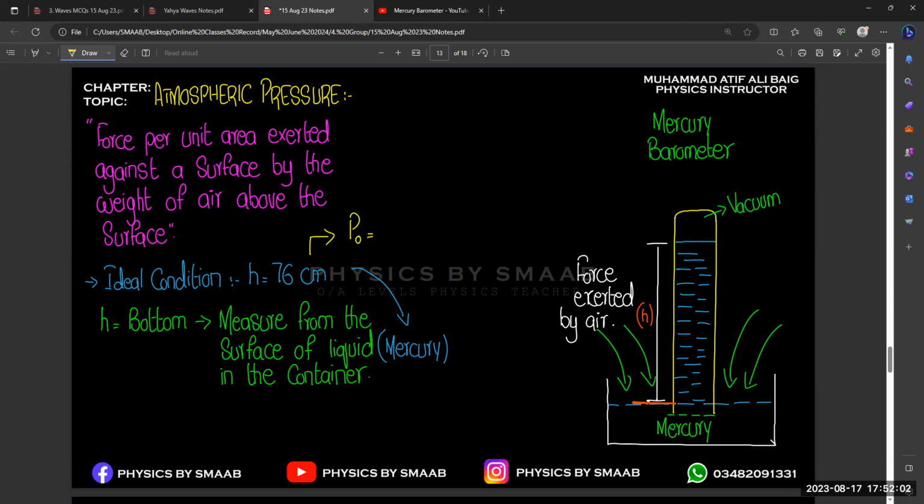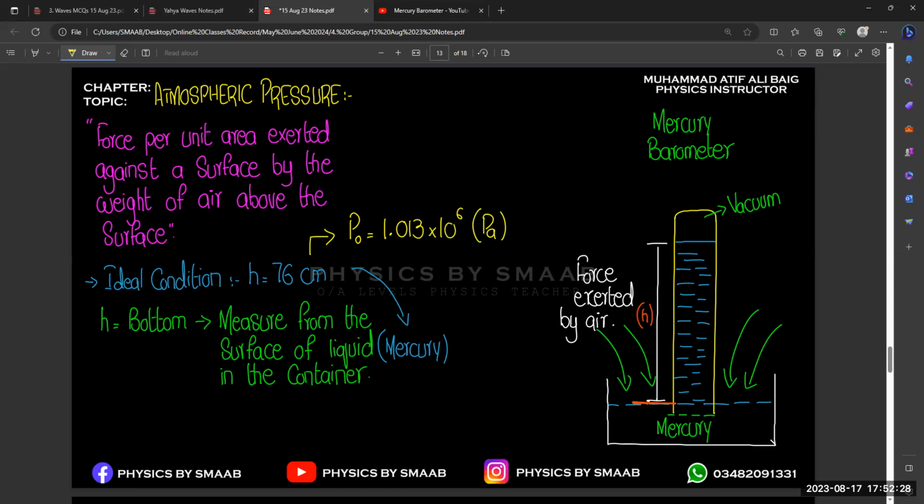So the value of atmospheric pressure in ideal condition is equal to, let's suppose we write, usually we write p naught, right? Because atmospheric pressure is natural, it will always be there. We don't need to apply it especially, it will always be there in the atmosphere. So that's why we use p naught for atmospheric pressure, and the value of p naught is equal to pascals or newton per meter square.